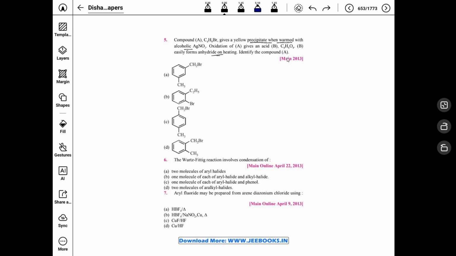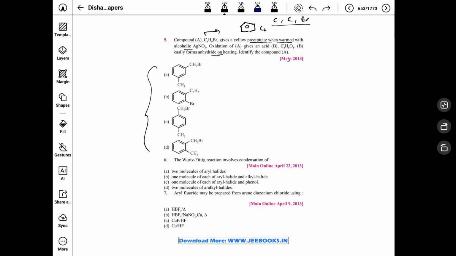So let's look at the first option. After seeing this option, we can easily say that this compound has 1 benzene ring. Okay, now how many carbons? 6 carbons are there. So we don't know what the 2 carbons are and where the position of the halogen is. So these are the missing information.